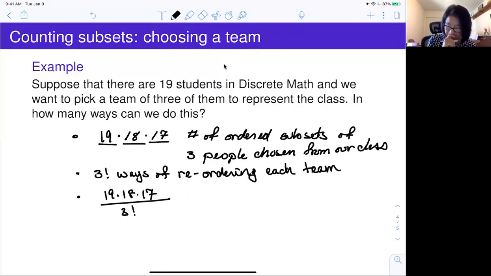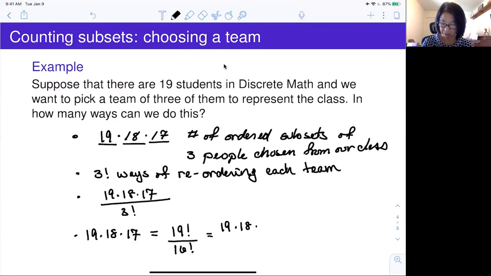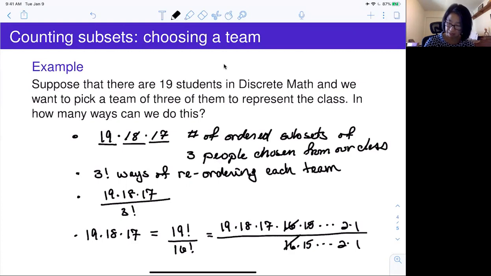What you can notice, which is kind of cool, is that 19 times 18 times 17 is equal to 19 factorial divided by 16 factorial, because if I wrote them out, I'd have 19 times 18 times 17 times 16 times ... times 2 times 1 in the numerator, and then 16, 15, ... times 2 times 1 in the denominator, and all of these would cancel out.